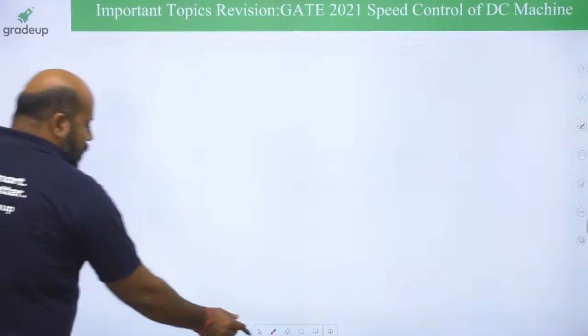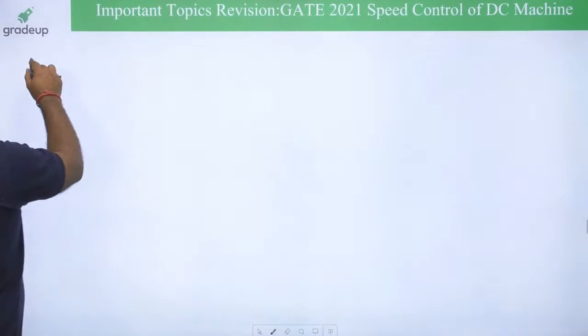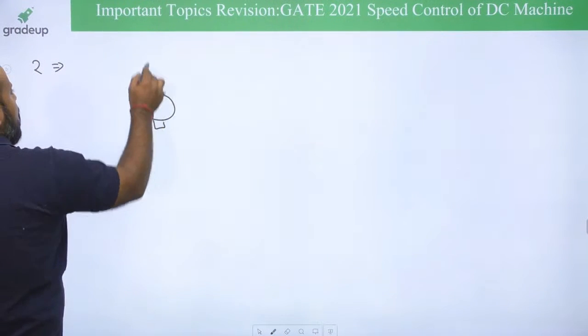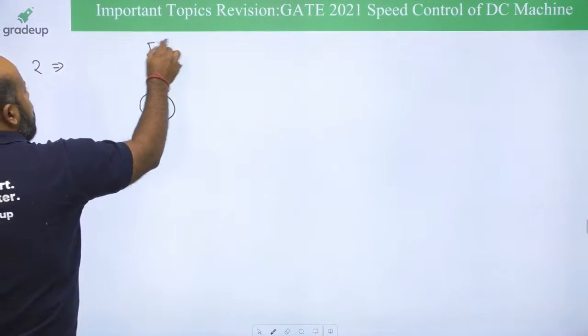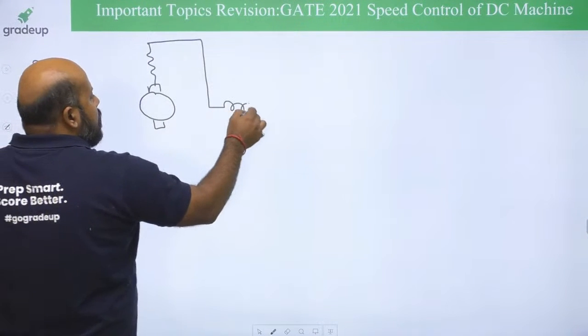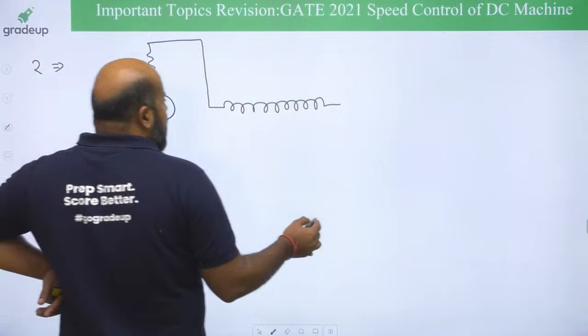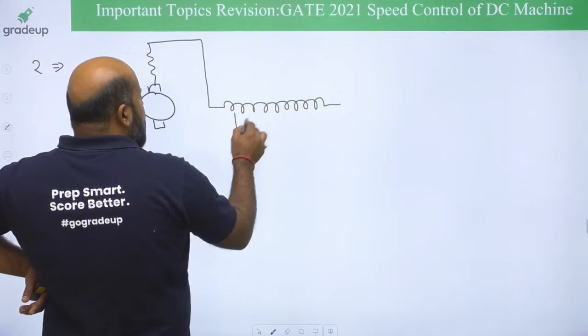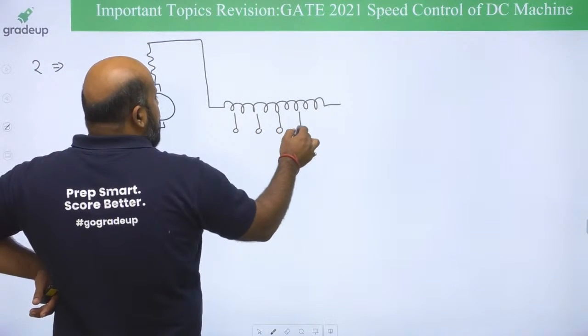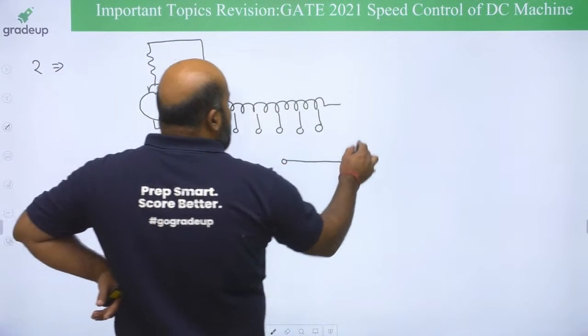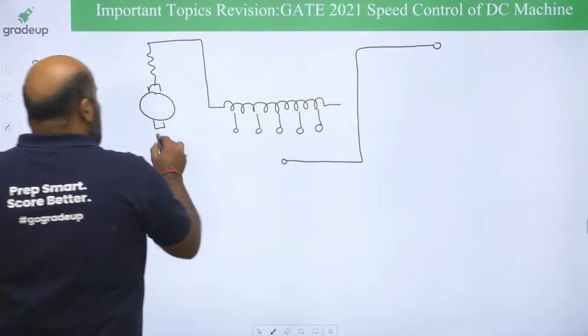The second method that we want to see is field tappings. What is field tappings? Again, suppose this is your series field, and suppose your series field is going to have a number of tappings.